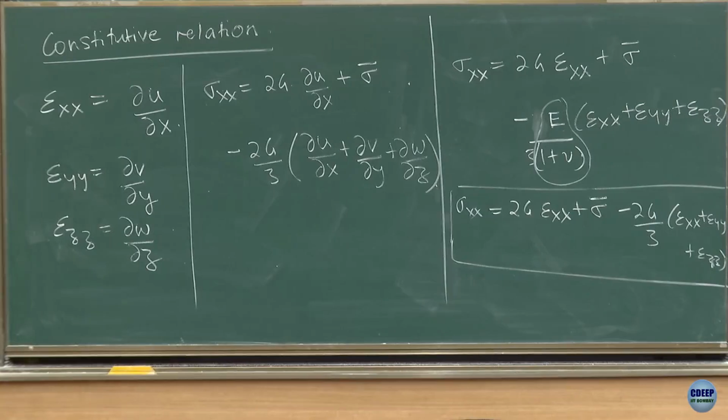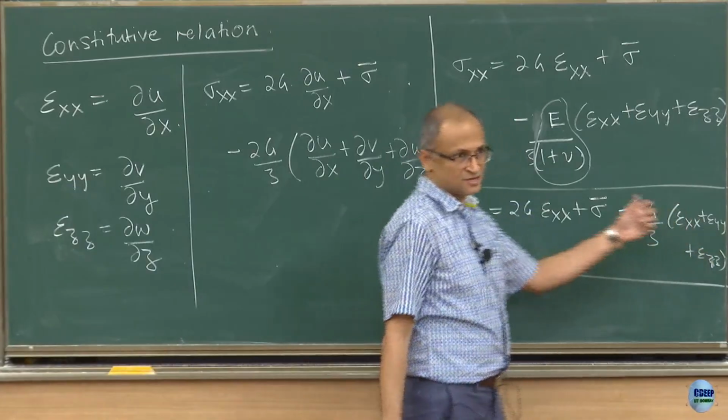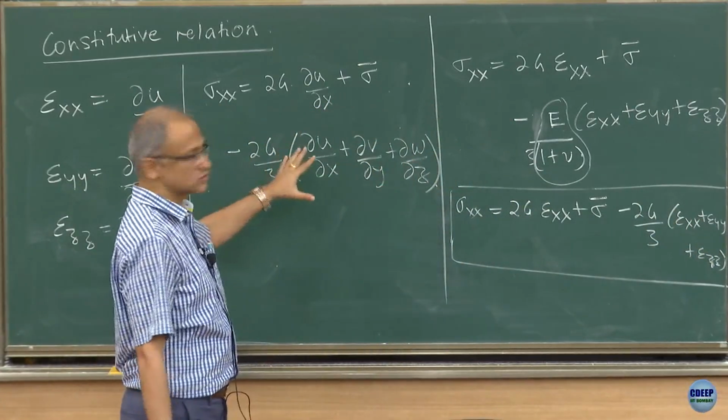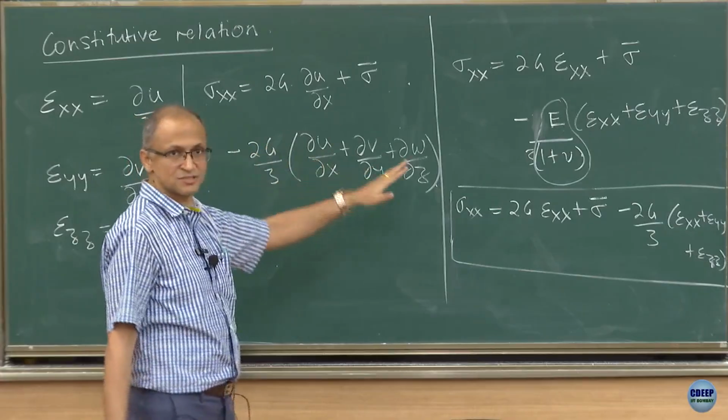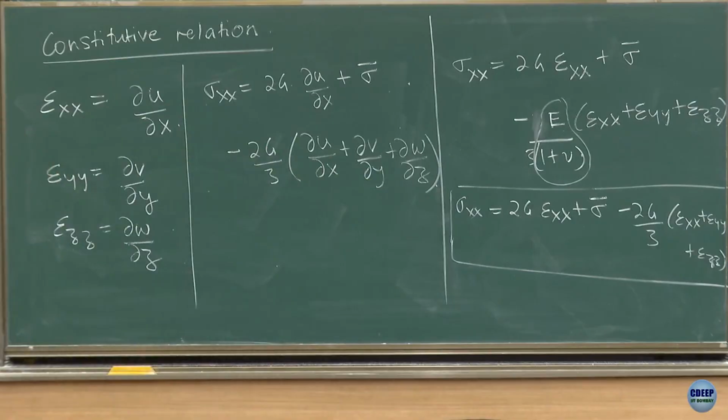All we have done is substitute the epsilons with the deformation gradients. We are still looking at solids, so we are looking at deformations along the three directions. This is what we have at this stage.